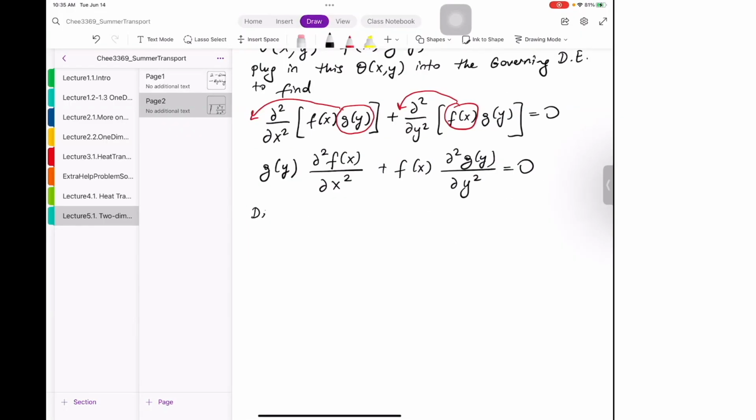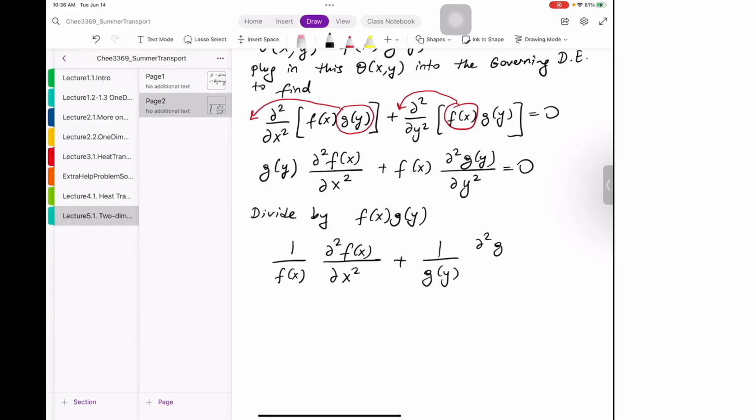And you can divide by f of x times g of y, or theta of x, y, to get rid of the g here and the f here, and instead have f in the denominator here and g in the denominator here. So you get 1 over f of x del square f of x over del x squared plus 1 over g of y del square g of y over del y squared.